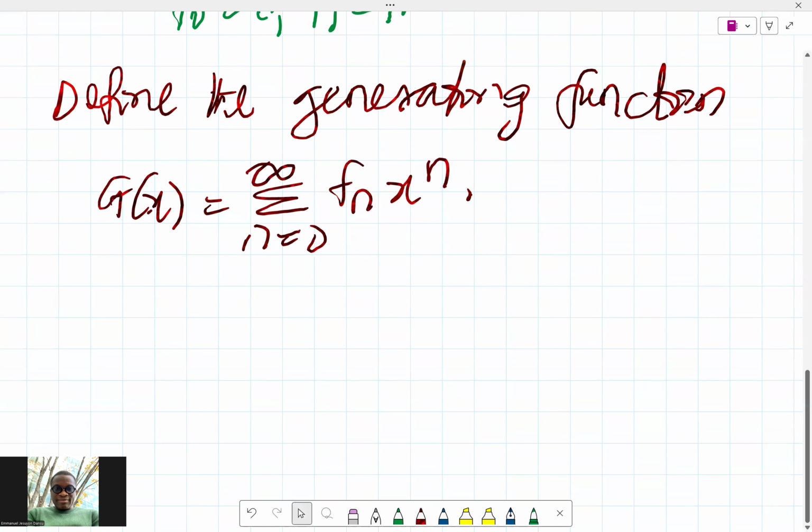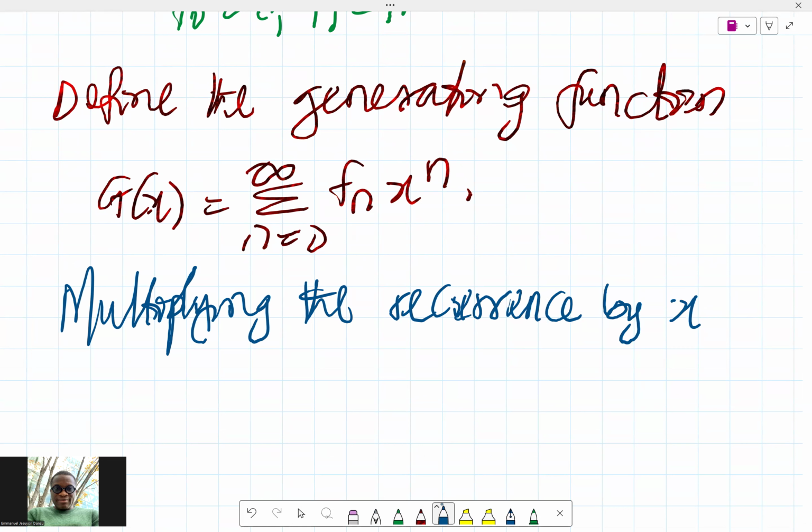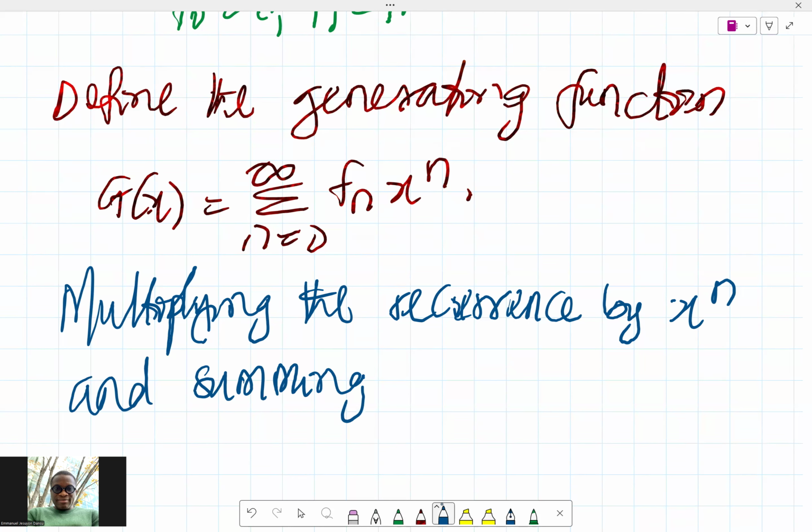The next thing is multiplying the recurrence by x raised to power n and summing.